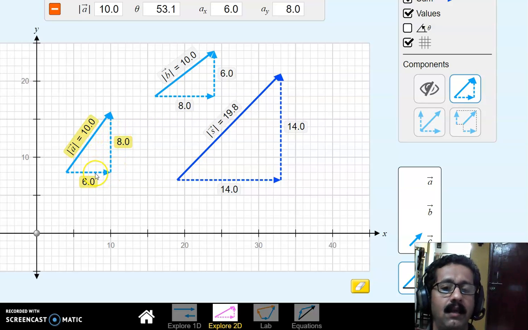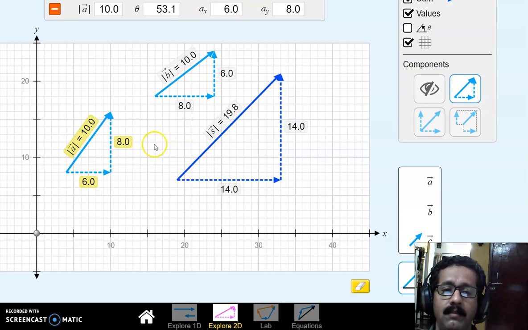So as we said earlier, vector a is represented as 6i cap plus 8j cap. Looking at vector b, it is also of the same magnitude, 10, but this time the x component of vector b is 8 and the y component is 6, so vector b is represented by 8i cap plus 6j cap.